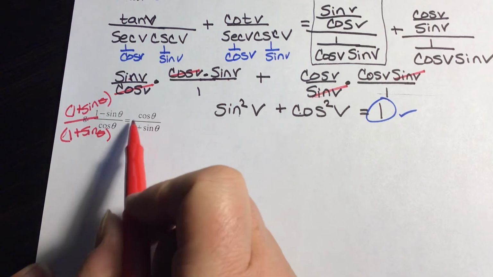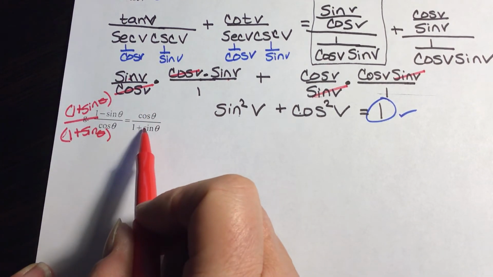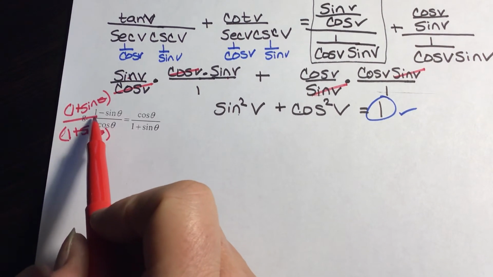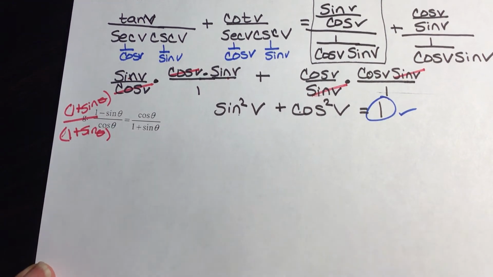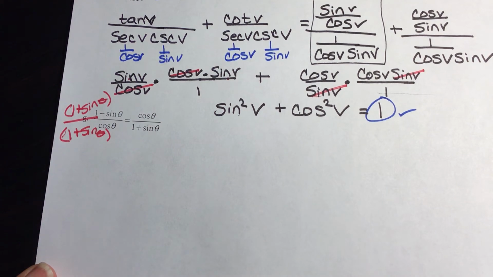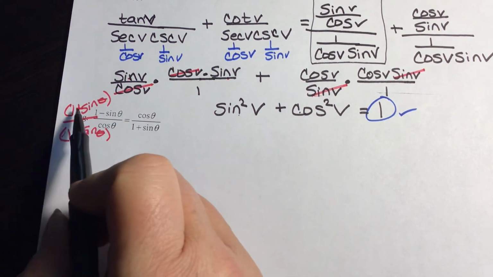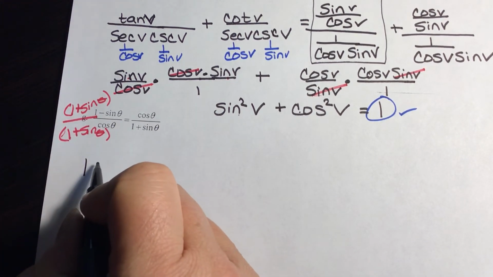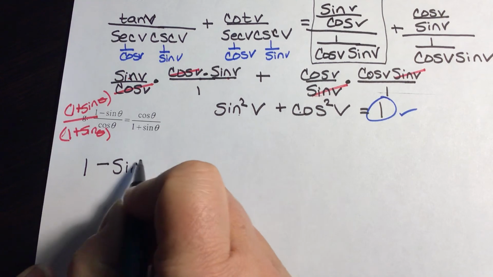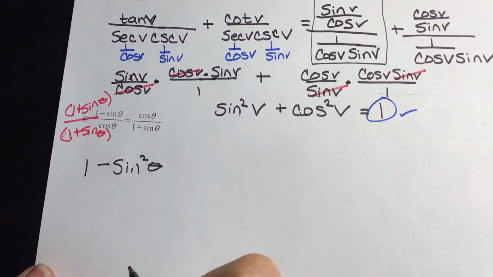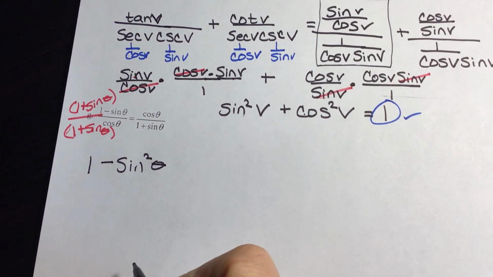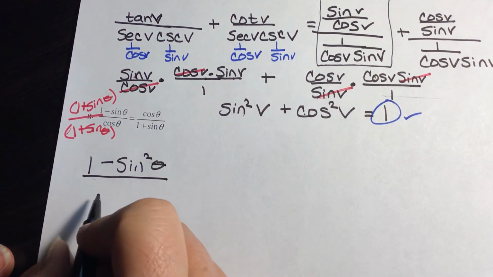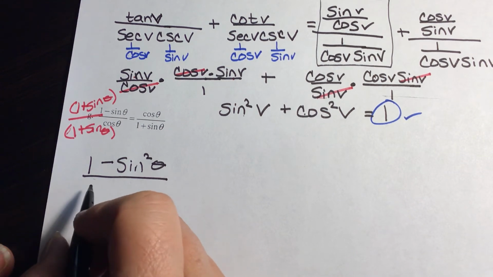And I don't want to touch anything on the left side. So if I have 1 plus sine theta and 1 minus sine theta, I'm going to end up with the difference of squares because these are opposites of each other. So I'm going to have 1 minus sine squared of theta.